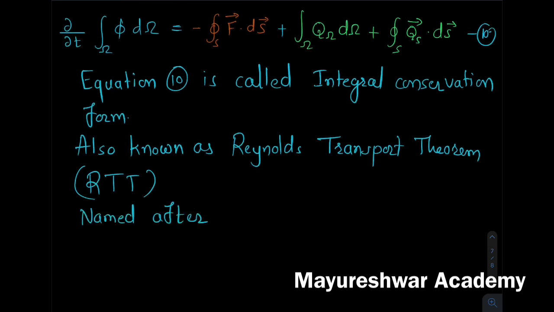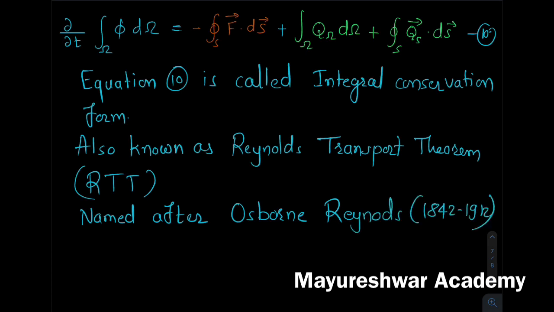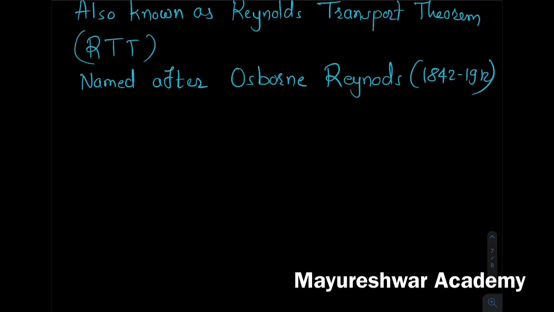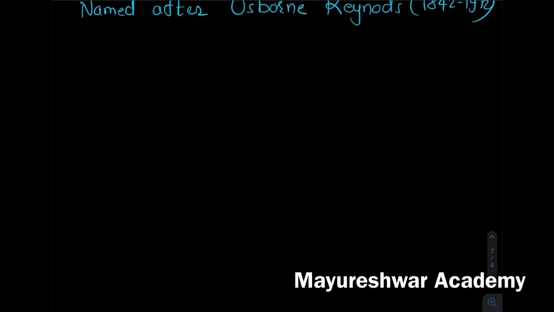It is named after the scientist Osborne Reynolds because of his work, 1842 to 1912. So this equation is in integral form, which is equation number 10.